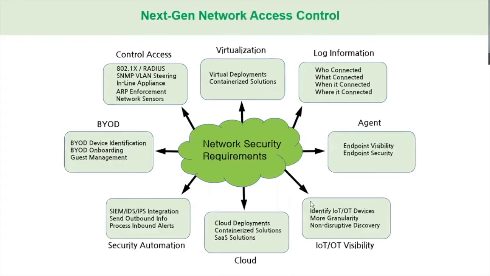Next-gen network access control then evolved into adding additional components. So the very basic connectivity requirements of controlling access and logging information really had to expand as the market evolved and as network access and network security requirements evolved.